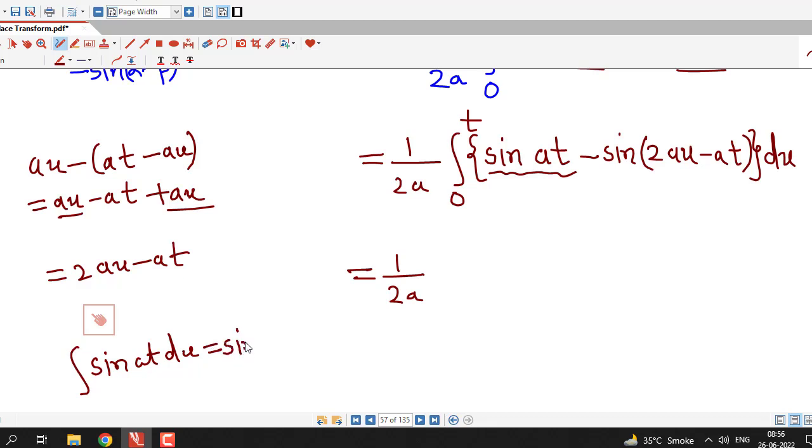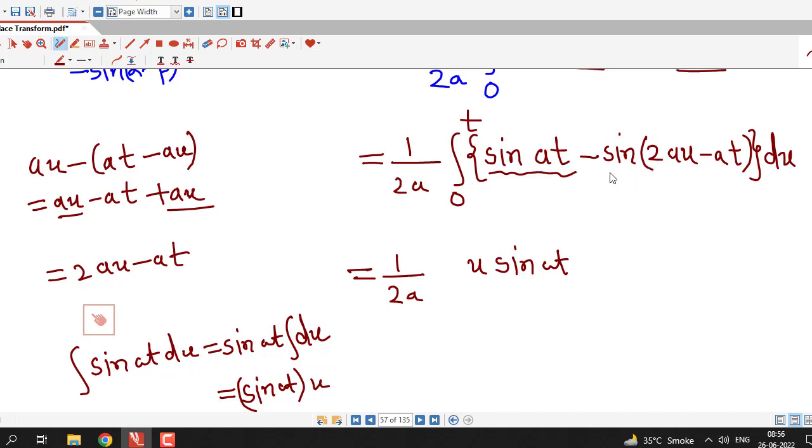Sin at is constant, so we can take it outside the integral and we have the integral of 1 with respect to u. Therefore the integral is sin at times u, that I write in this way, u times sin at, because t is considered as constant.